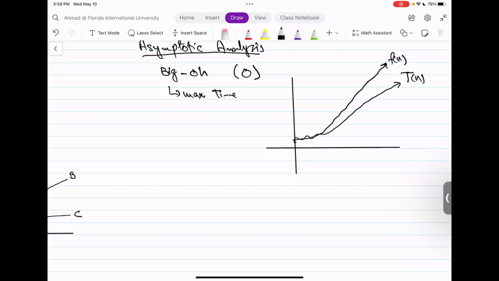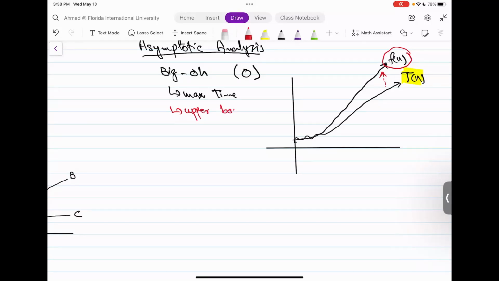So if I have a function T of n, which is the growth of my function, and I can say that no matter the size of the input, it never goes beyond this f of n, then this is the upper bound. F of n is the upper bound for T of n. So we call it the upper bound.